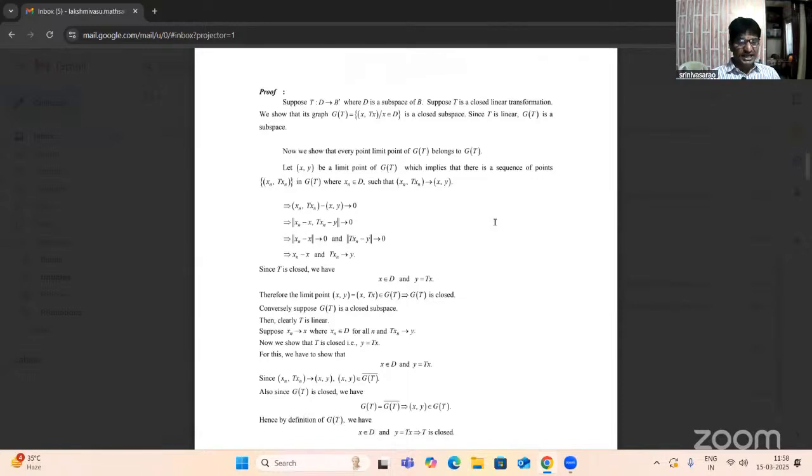Especially the inner product space is a very simple concept. Before that, you must learn the inner product space, which you must have studied at UG level.